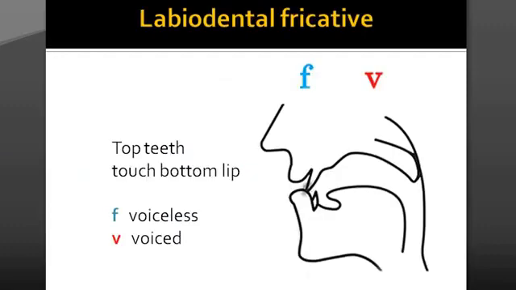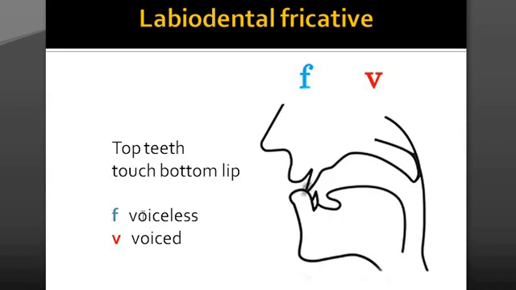Last week we learned a new sound, the V sound. Now, some students, if you're not sure how to say V, some students will say w, like the W sound. You might say wice instead of voice.